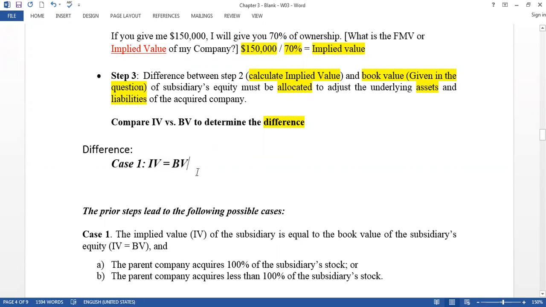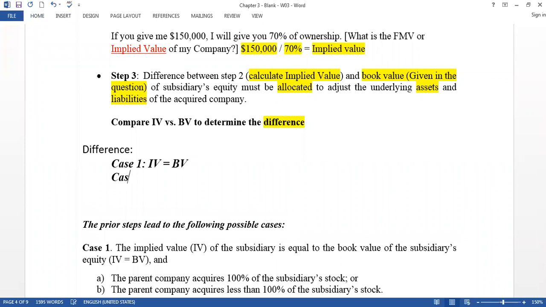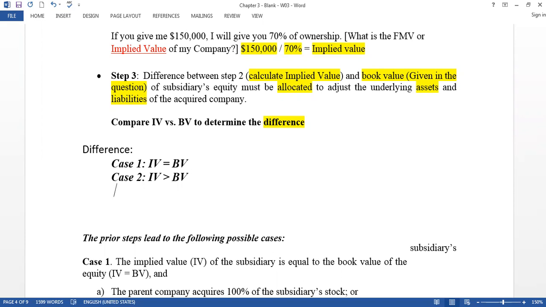Case two: implied value is greater than the book value. Another possible case: implied value is lower than the book value. So in order to determine the difference, we may have these three cases.